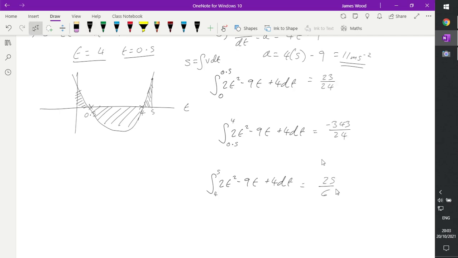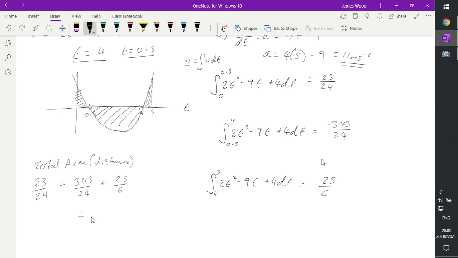So I've just gone through and calculated all those on my calculator. So the first area is 23 over 24. This negative one is minus 343 over 24. And this positive one is 25 over 6. So total area, which is the total distance, is going to be 23 over 24 plus 343 over 24 plus 25 over 6.